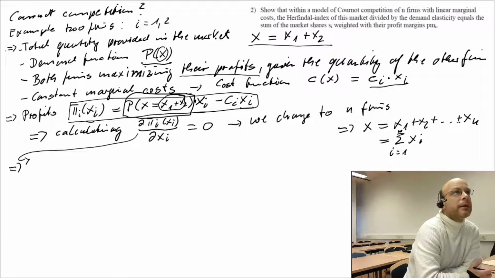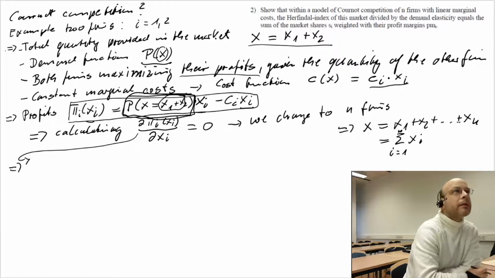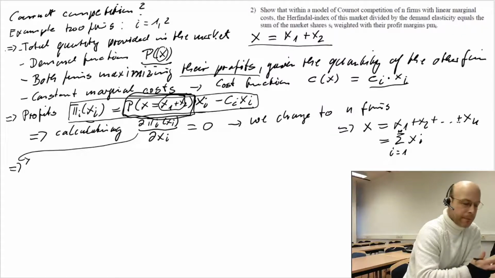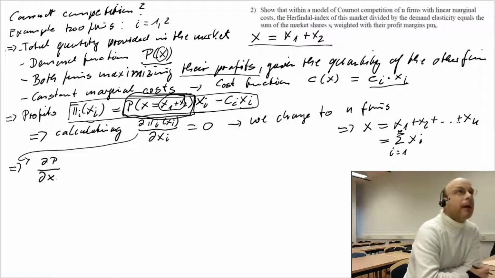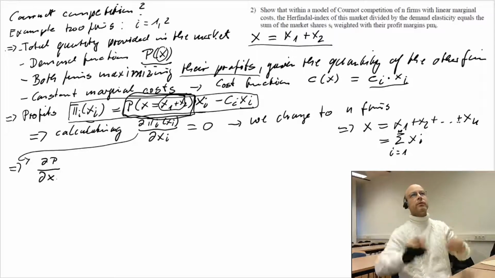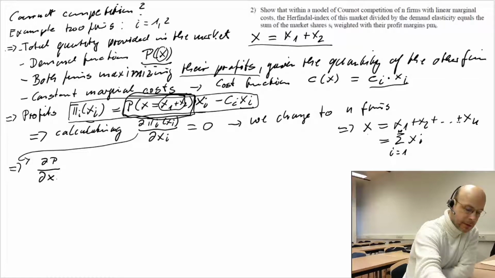Since we have not definitely specified the demand function here, for the derivative of the demand function we just write dp with respect to x. This is the total variable, and what is this function?